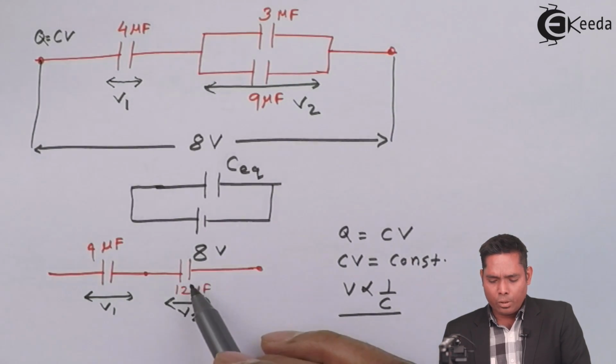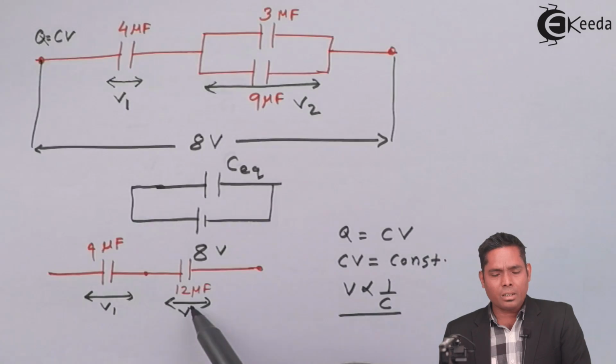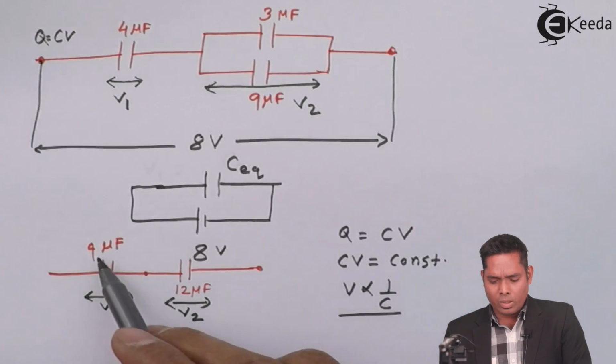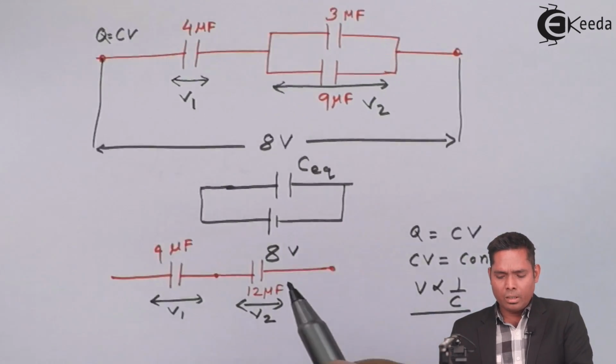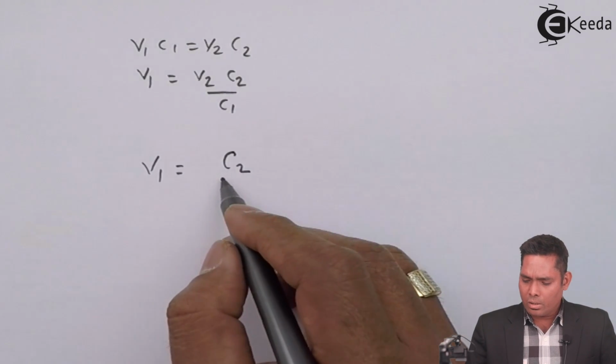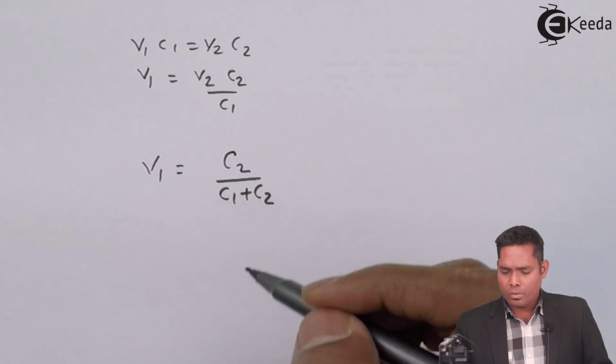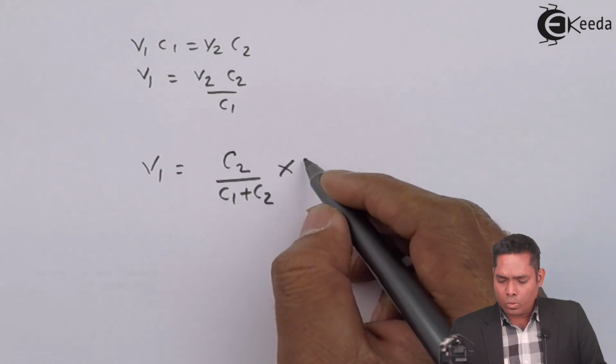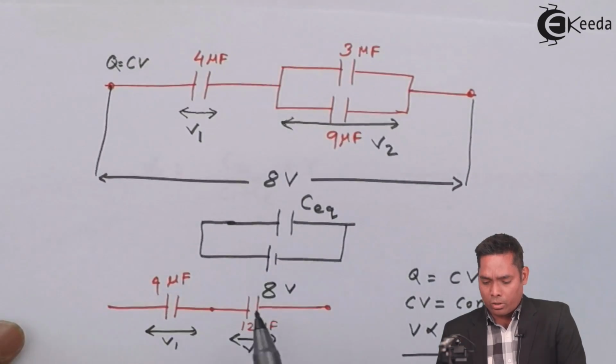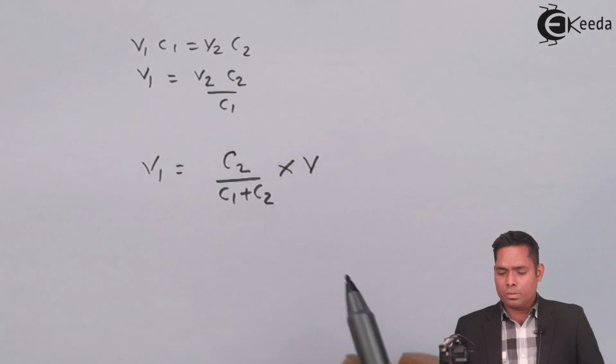If you want the drop here, you see the other capacitor, divided by the total capacitance 4 plus 12, that is 16, divided by C1 plus C2, into the total voltage that has to be dropped across the two, that is 8 volt. This formula I can apply.